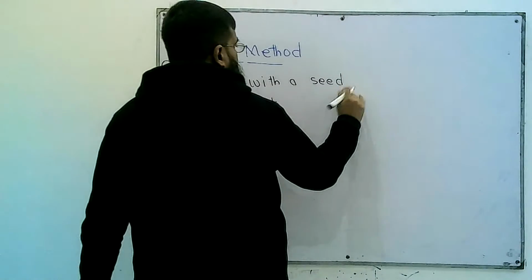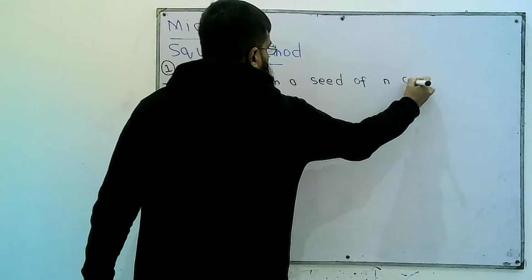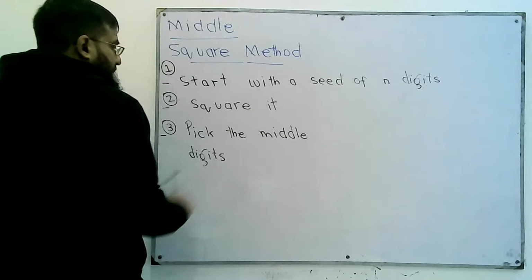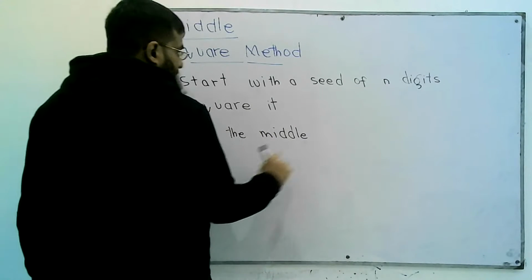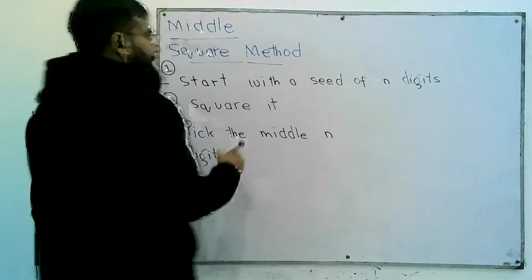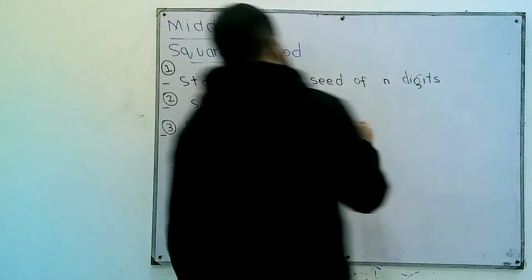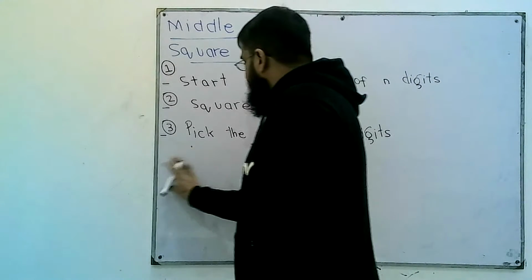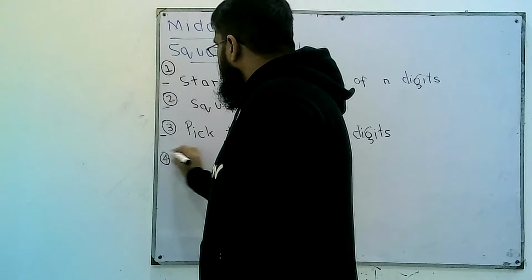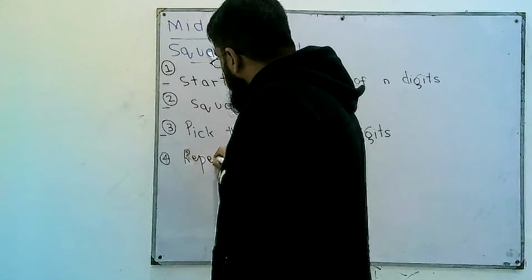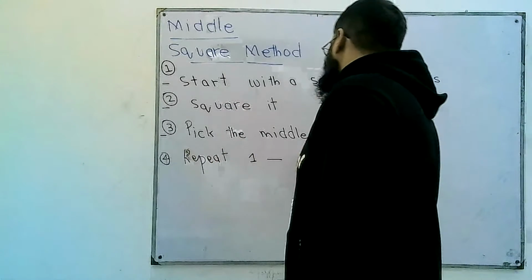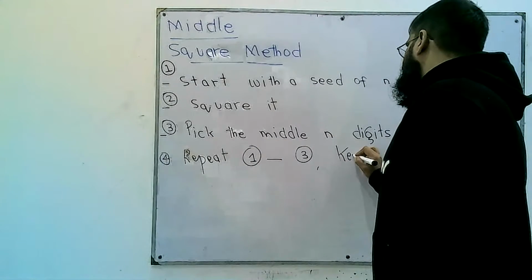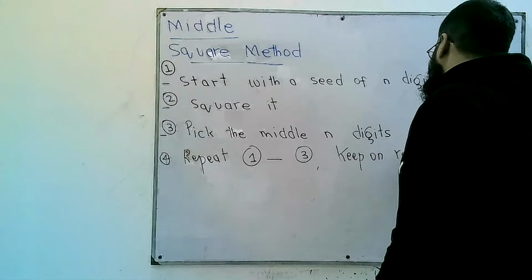Start with a seed of n digits. Square it. Pick the middle n digits. Repeat. 1 to 3. Keep on repeating. ऐसे ही होगा ना?